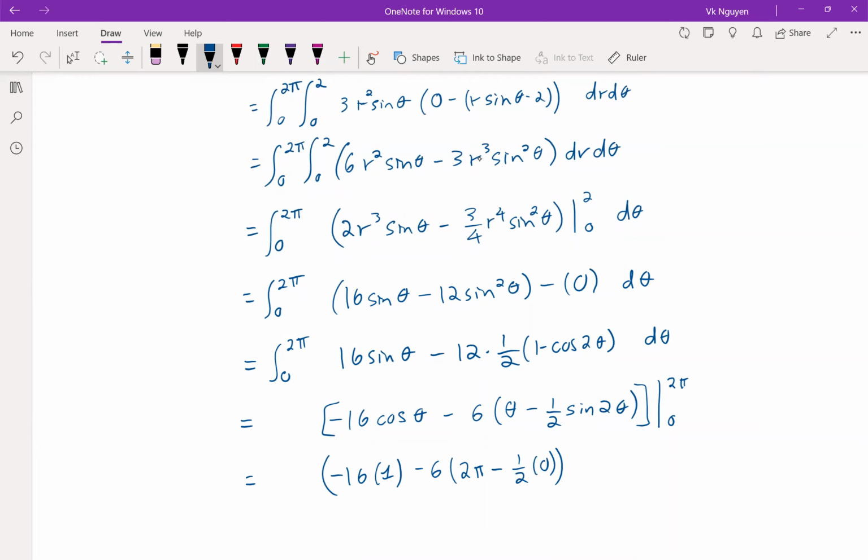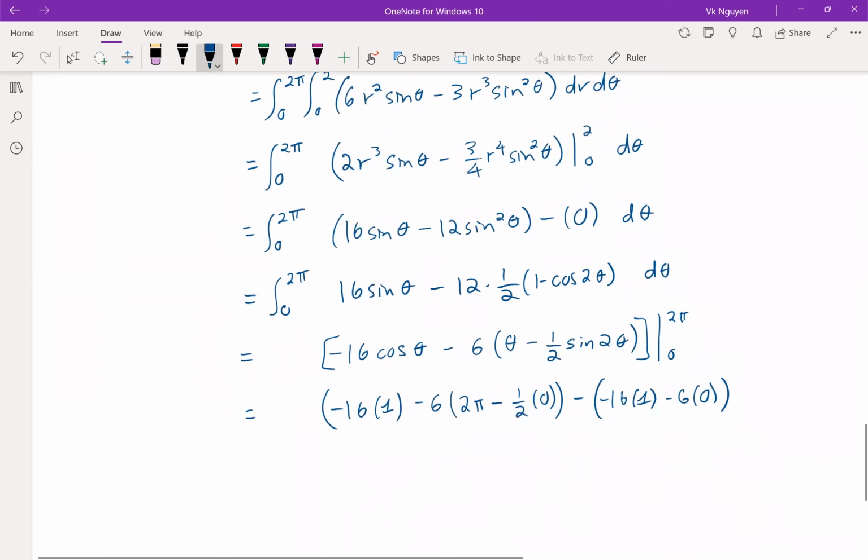Okay, so get this thing here, and then that's going to be 0. So cosine of 0 is 1, so negative 16 times 1. Minus 6 times 0.